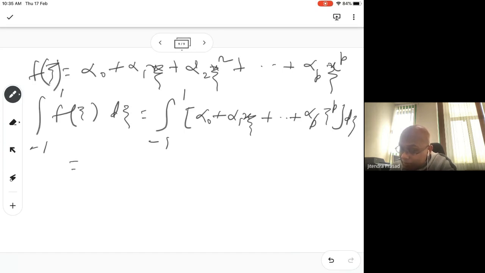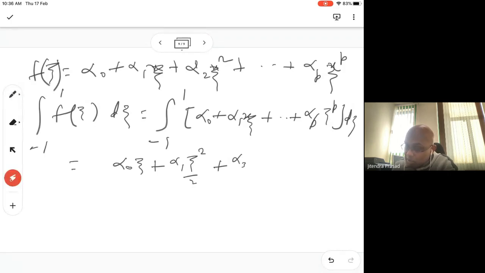You get alpha naught xi plus alpha 1 xi squared over 2 plus alpha 2, sorry guys, alpha 1 xi, alpha 2, sorry.